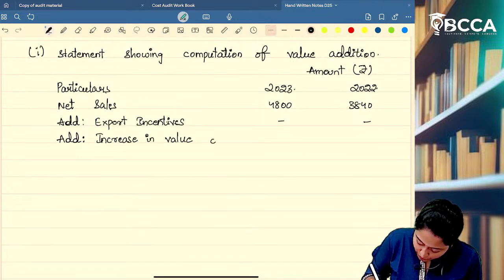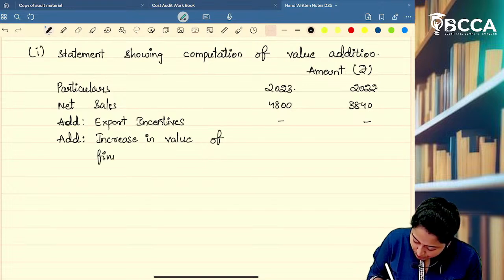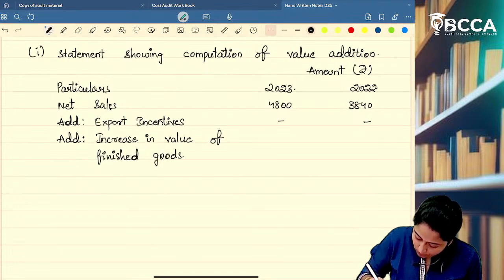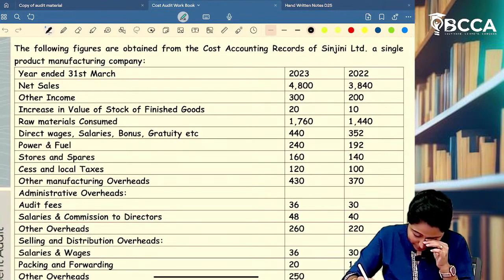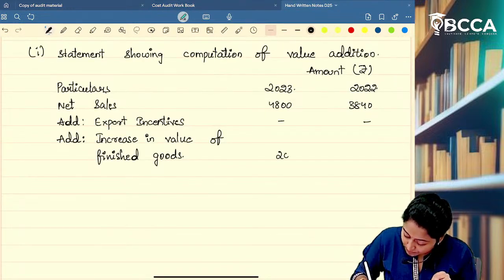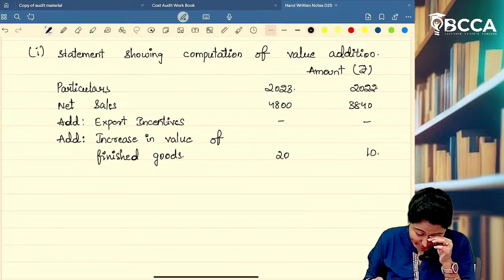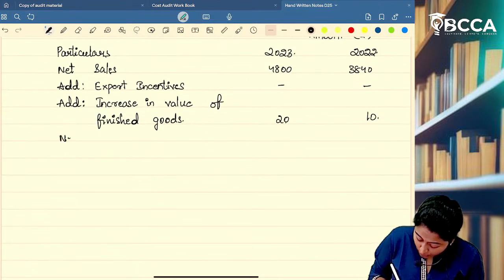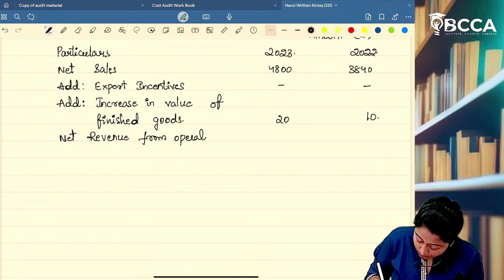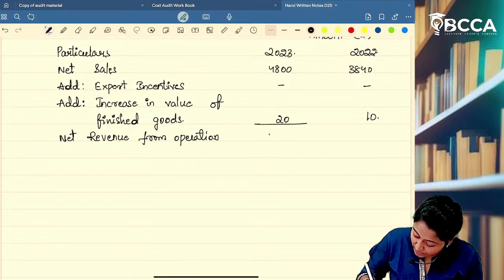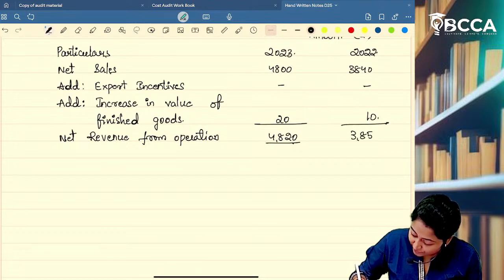Increase in value of finished goods, 20 and 10. Here we'll do the total and write it as net revenue from operations. Here it is 4,820 and here it is 3,850.